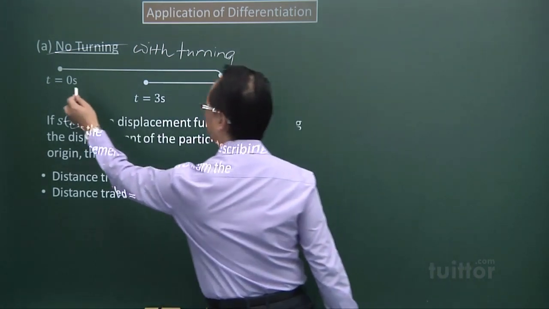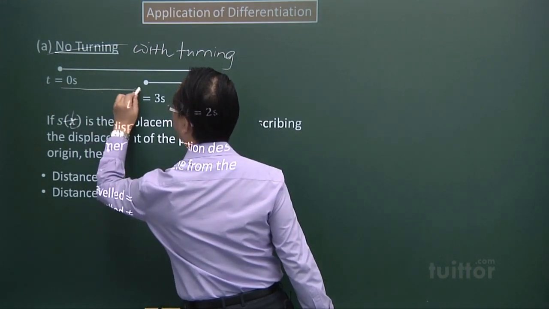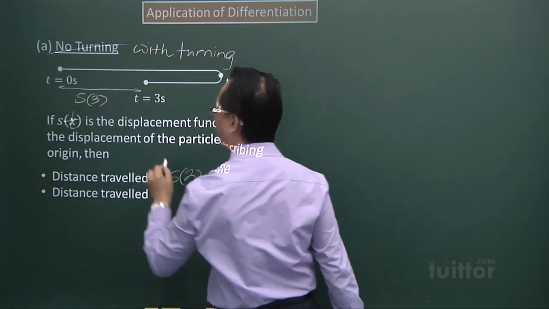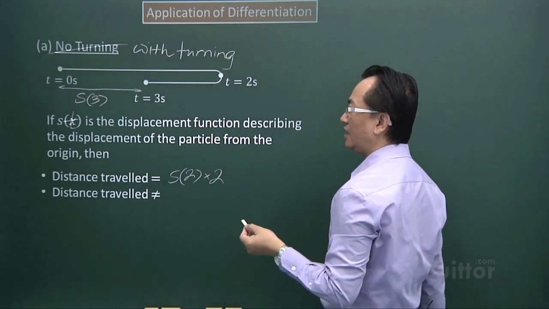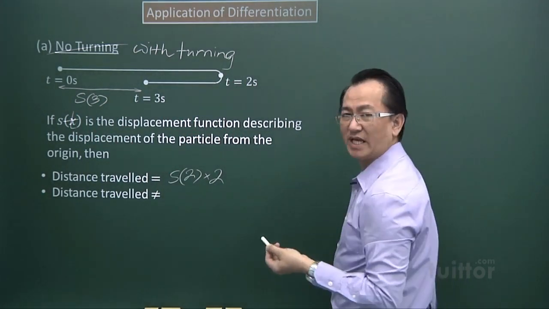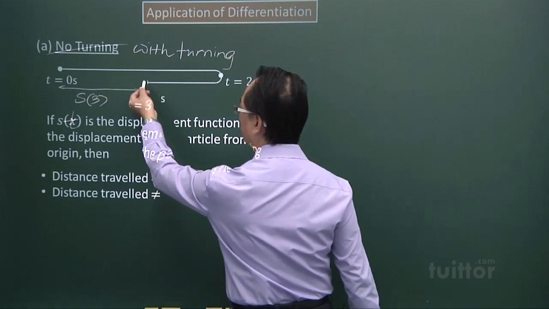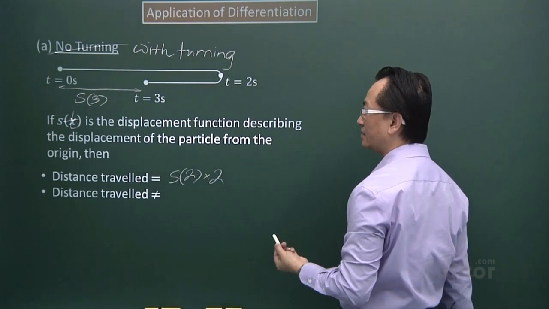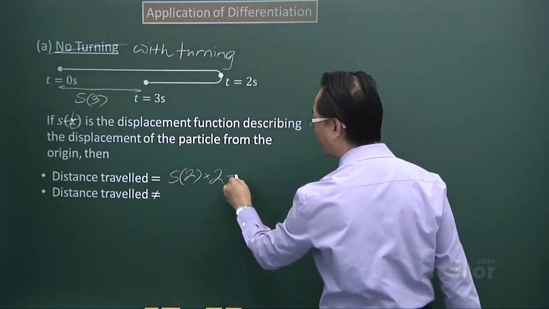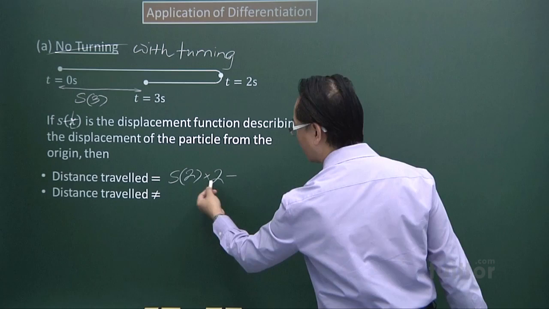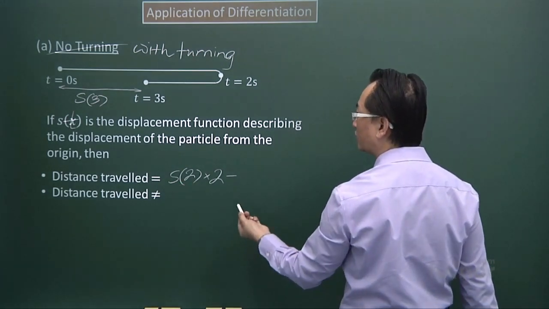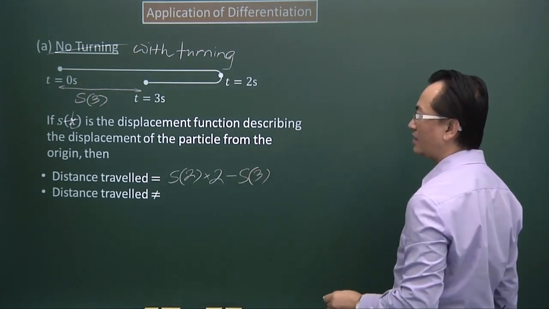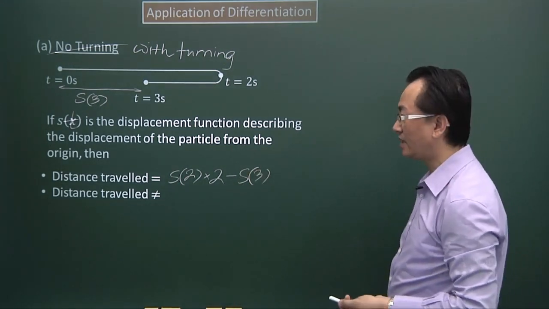This distance can best be described by s(3), the displacement of the particle from the origin at t equals 3 seconds. So I take 2 times s(2) minus s(3). That will be the distance traveled by the particle.